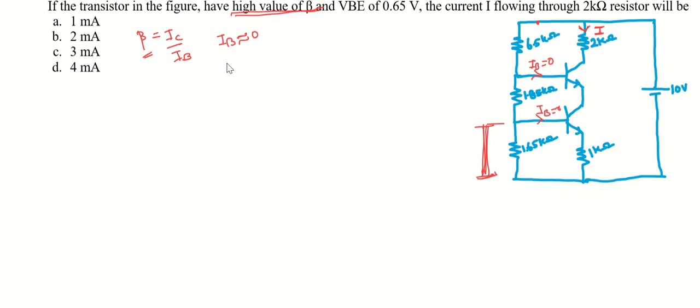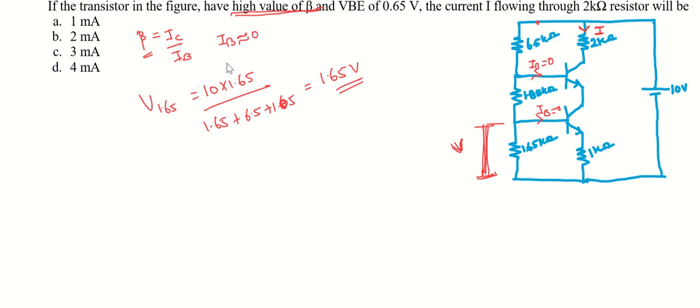By applying the voltage divider rule, the voltage across this resistor is 10 into 1.65 divided by 1.65 plus 6.5 plus 1.85. This is also 1.65 volts. So the voltage across this resistor is 1.65 volt.